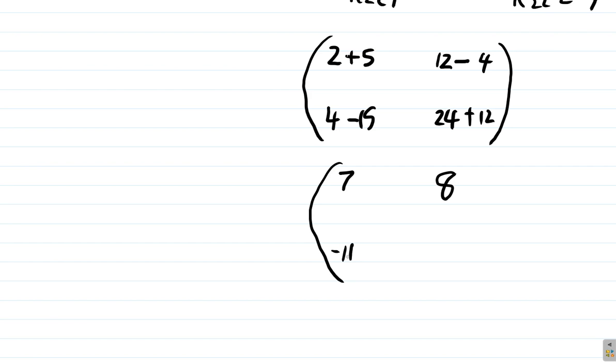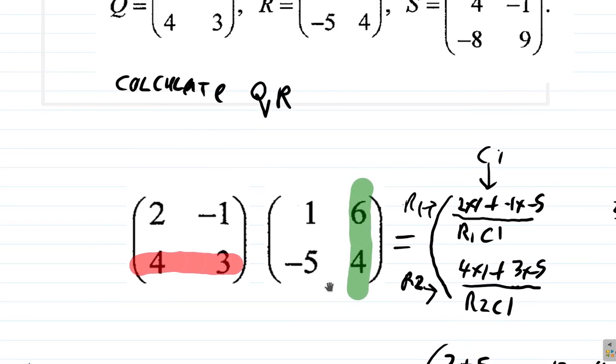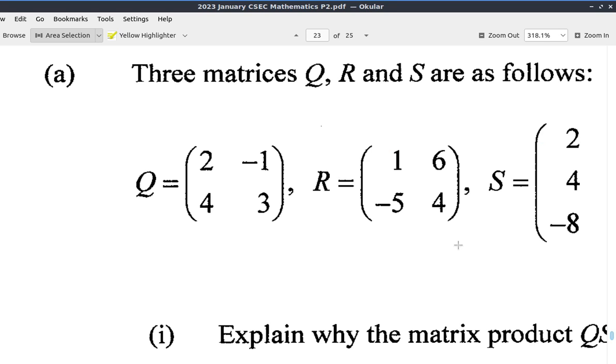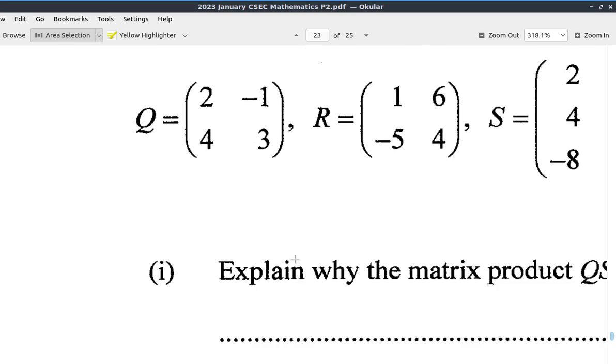And then 24 and 12 is 36. So, there you have it. So therefore, the product QR equals that. Alright? So there you have that.